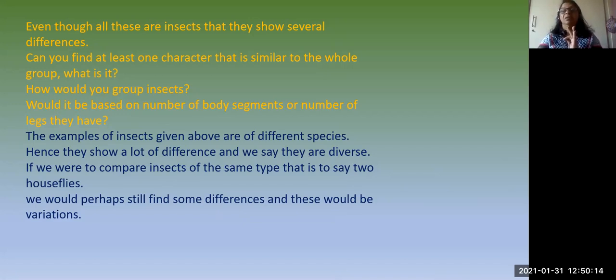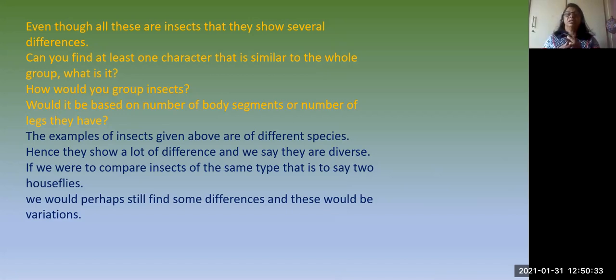Even the eyes show some difference, the wings show difference, some are segmented, some non-segmented, how many segments there are, and how many segments are in other groups of organisms.